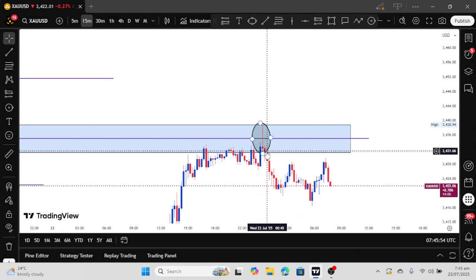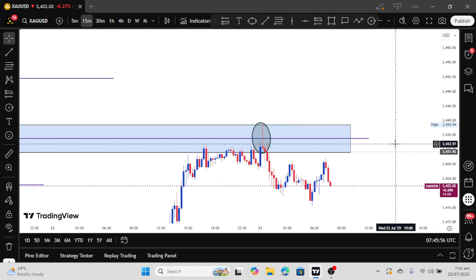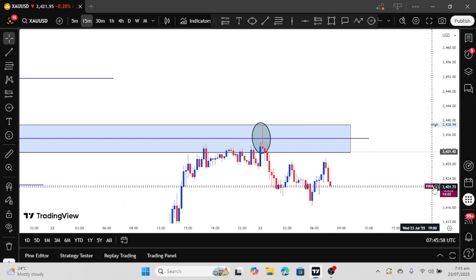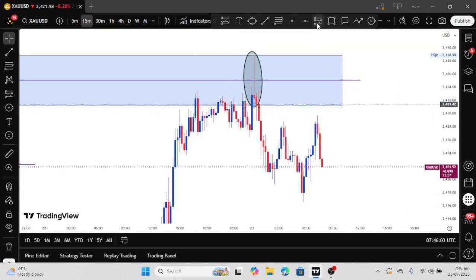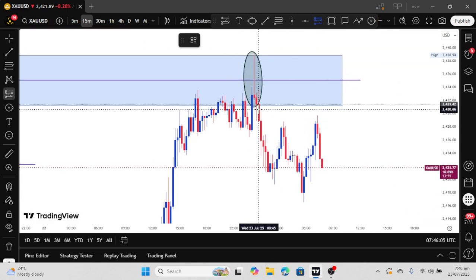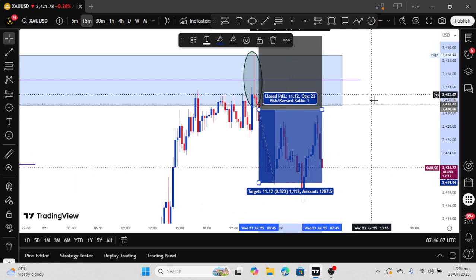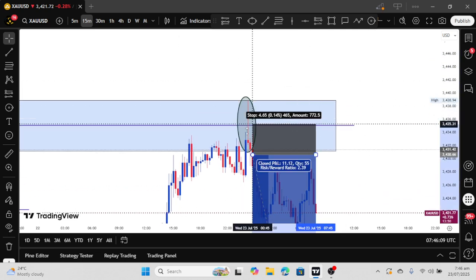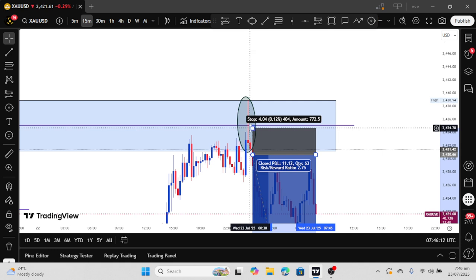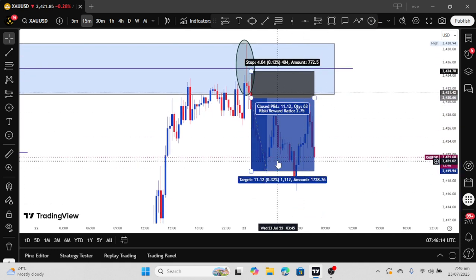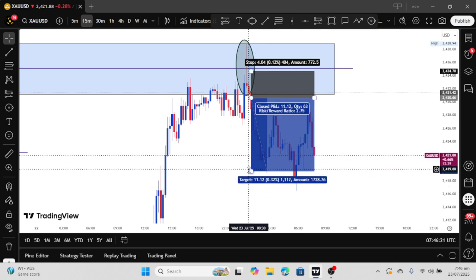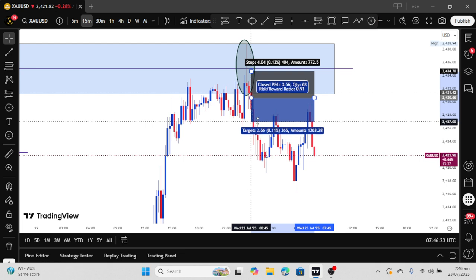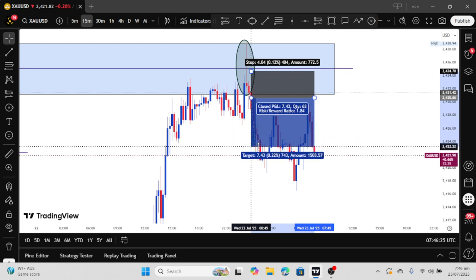I missed this trade because I didn't set an alert, and I don't know why I didn't do that. So imagine I entered this trade. I would have been in profit, at least something like 1:2 here. Oh, I would have been in massive profits, guys.